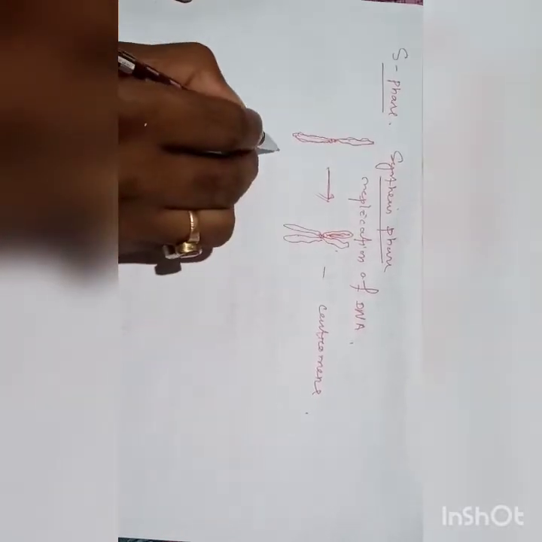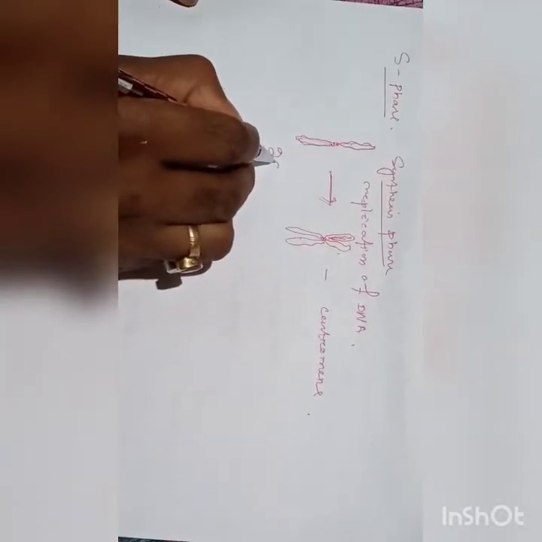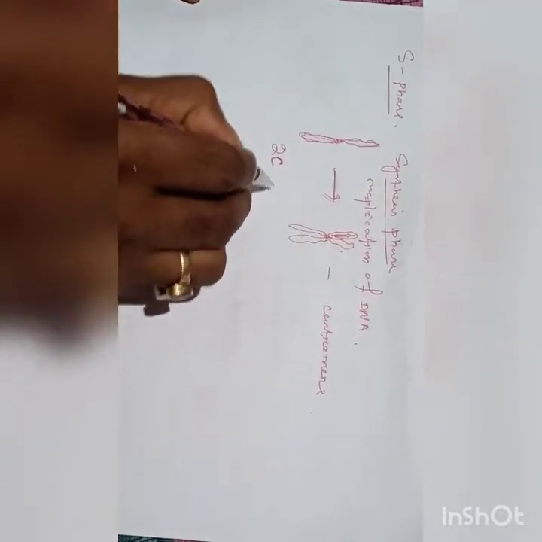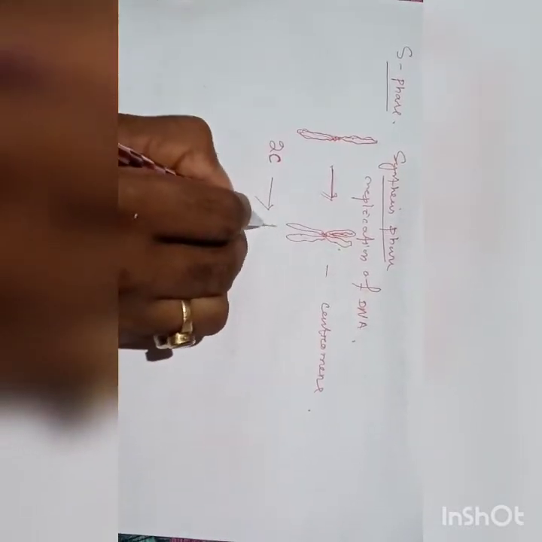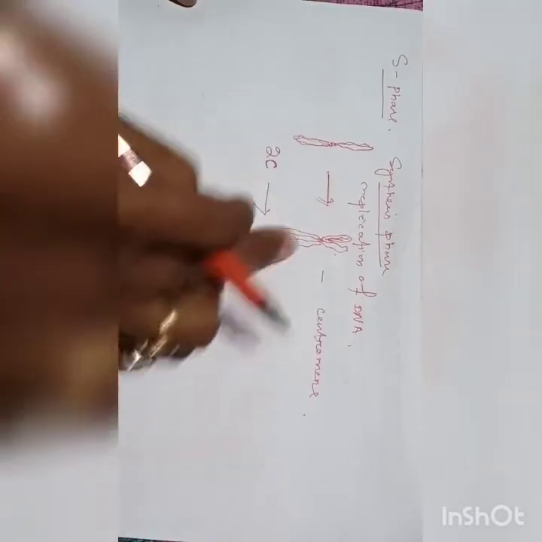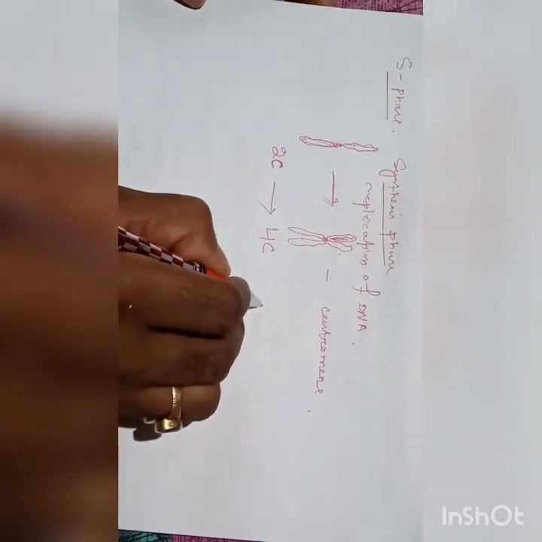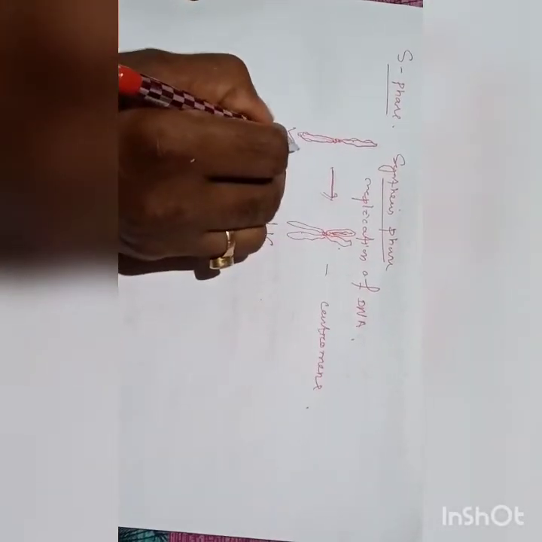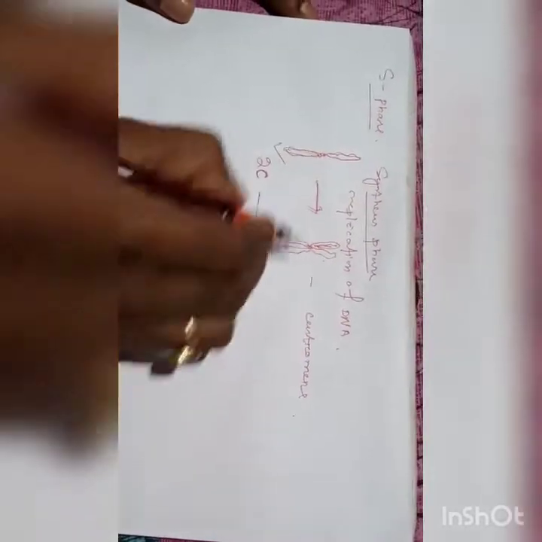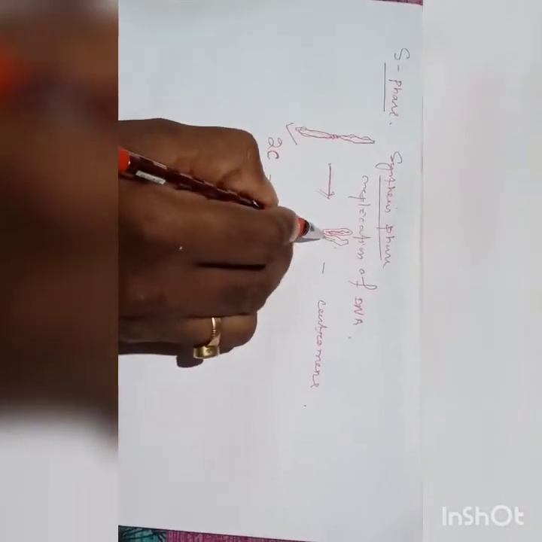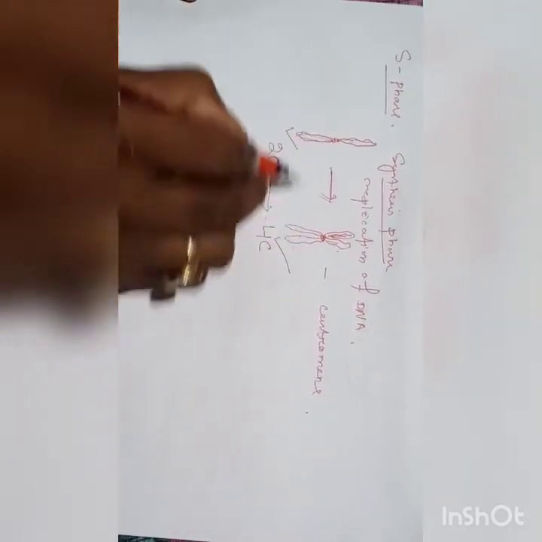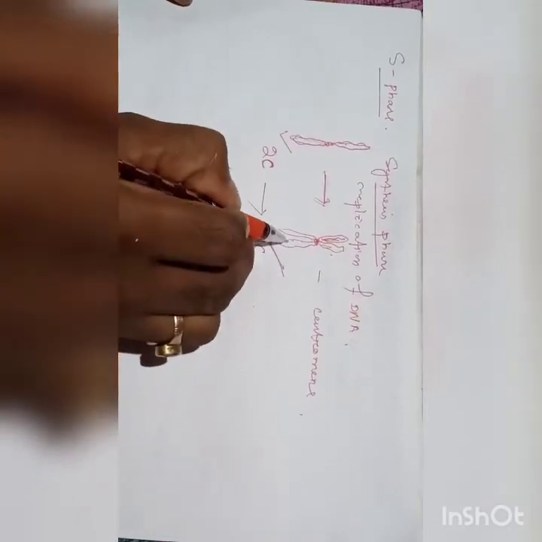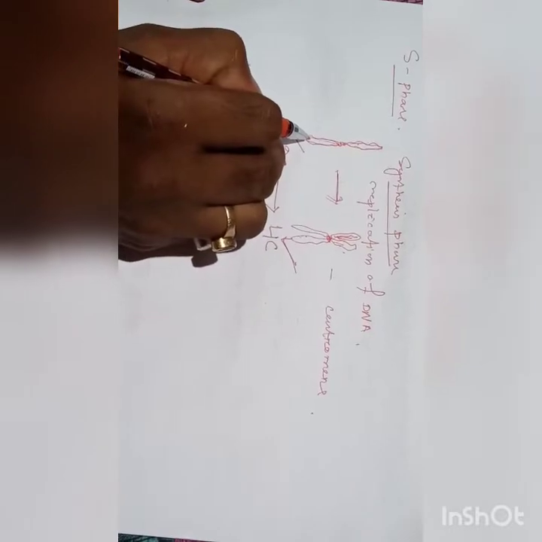Here, if the initial amount is taken as 2C, then after S phase, the DNA amount would be 4C, but the number of chromosomes remains constant. So here is one chromosome, and after replication the chromosome now has two chromatids, but it is counted as only one chromosome. But the DNA amount is doubled compared to the previous one.